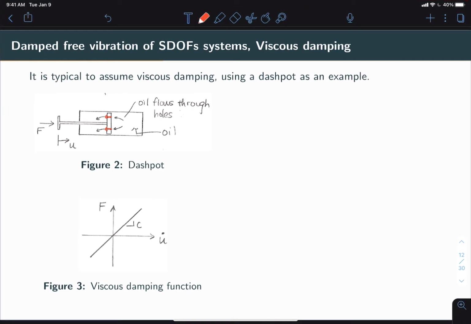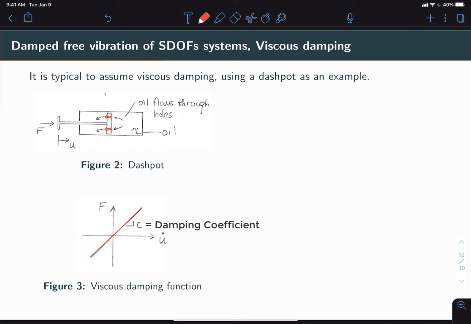So we can visualize the force versus velocity or speed relationship in figure 3, and we're going to idealize this as being perfectly linear. So in order to increase the velocity of the piston linearly, we need to apply a linearly increasing force. We call the slope of that line the damping coefficient, or C.